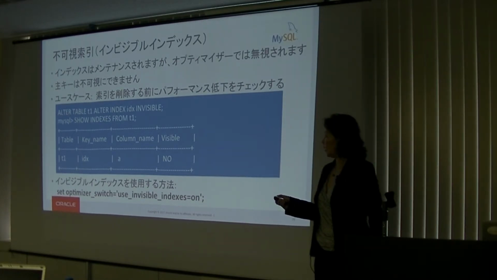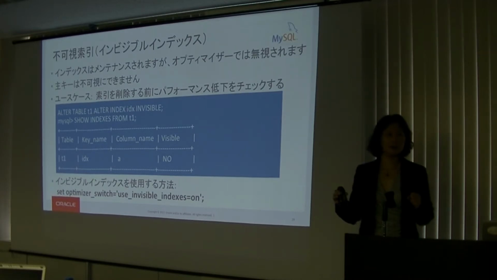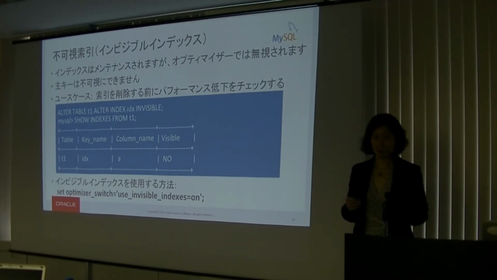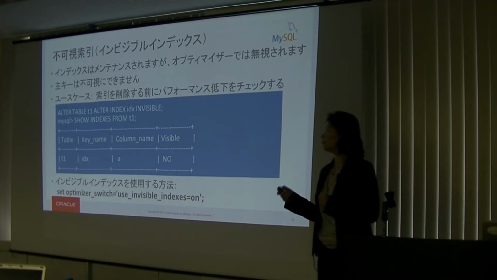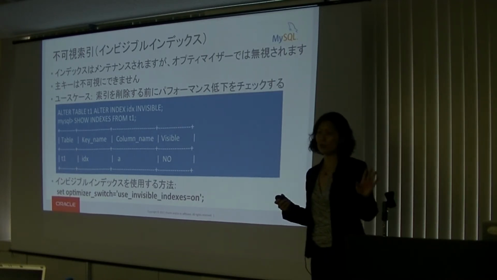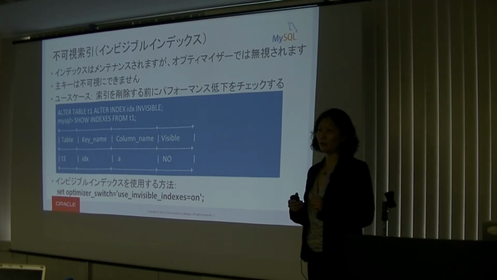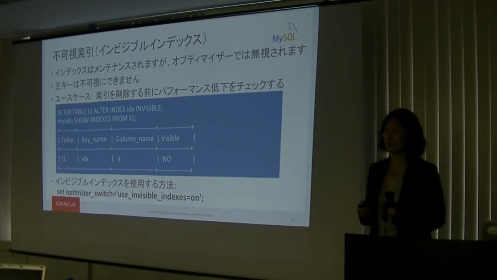So now you can do an alter table, alter index invisible. This means that the index is still maintained, so when you do insert, query, update, we'll still maintain it. But on the other hand, the optimizer won't see this index, so when we do query optimization, we will execute the query as if there's no index.